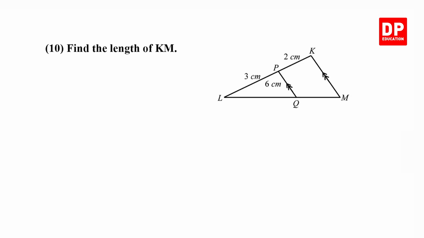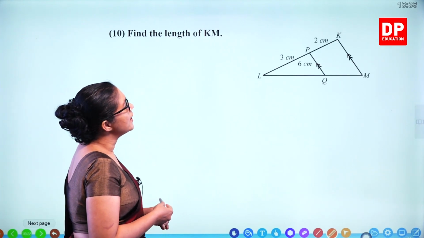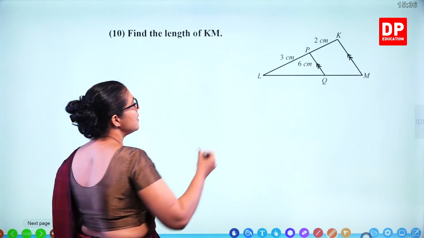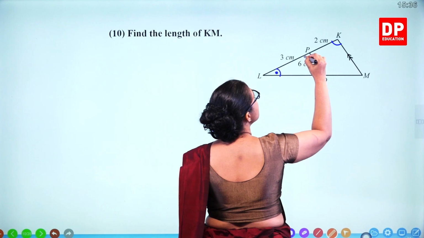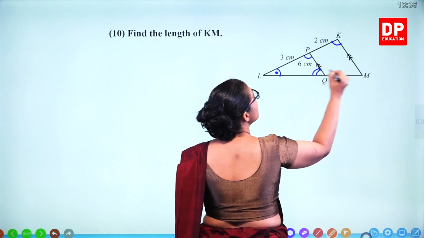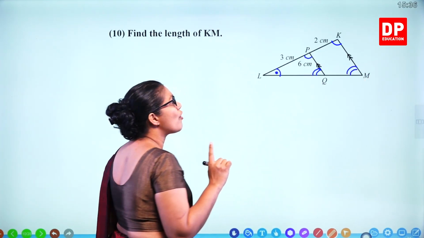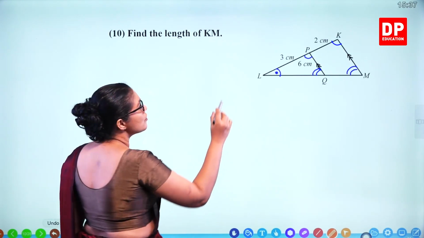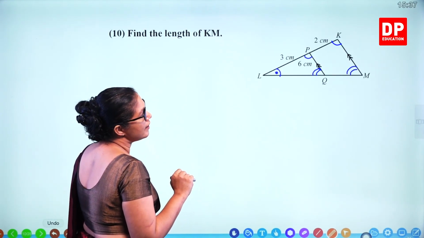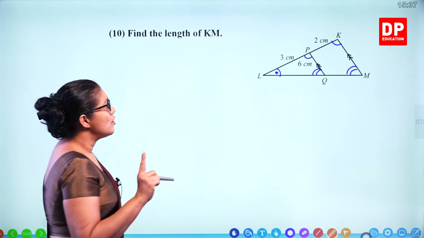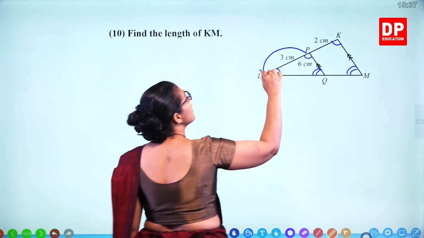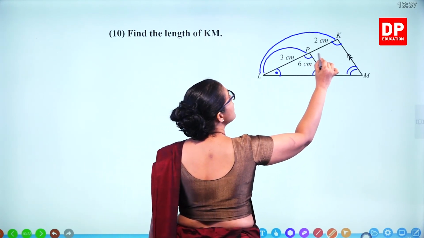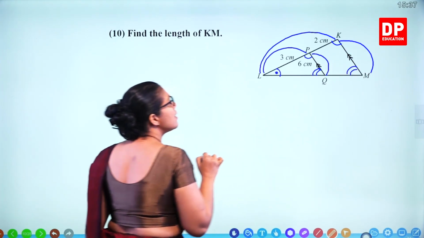Now let's take question number 10. Find the length of KM. Again, look at these two triangles. This is common. These two lines are parallel, which means this angle is equal to this angle, corresponding angles are equal. So these are equiangular triangles, so you can take ratios. The smaller triangle has 3, the bigger triangle has this. Smaller triangle 6, bigger one is KM.